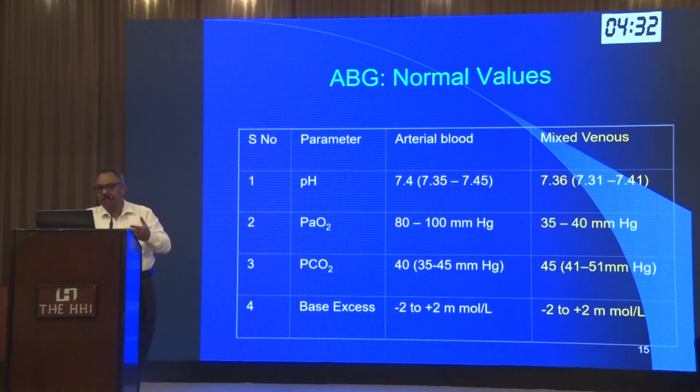Now, if the mixed venous blood PO2 is very high, instead of 30 to 40 millimeters of mercury, if it is 60 to 70, what does it indicate? It indicates the patient is not able to extract oxygen at the cellular level.